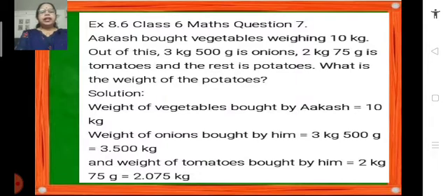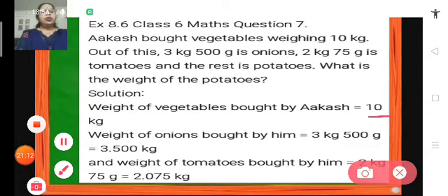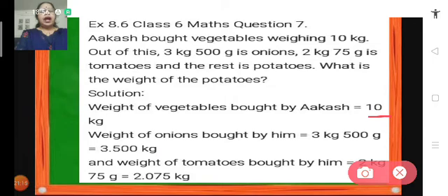The total weight purchased by Akash is 10 kilograms, isn't it? The weight of onions is 3 kg 500 grams, that means 3.500 kg. And the weight of tomatoes is 2 kg 75 grams, that means 2.075 kg.